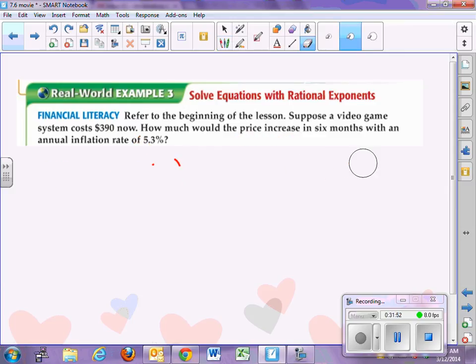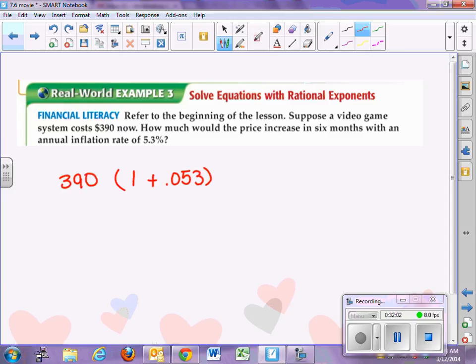The shortcut is this. If you do 1 plus 0.053 times $390, this will be the new price, because it will be the 390 plus the increase. Then I would take that new price and multiply by this again the second year.